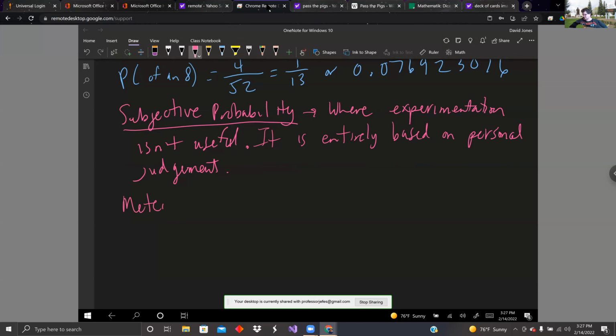Meteorologists do it with the weather predictions. It's 15% likely to rain today after 4 o'clock. That kind of thing. They rely on their experience and what they've seen before and the conditions that are now.